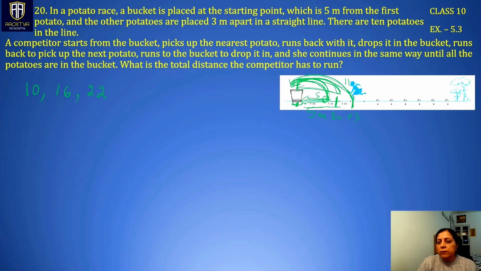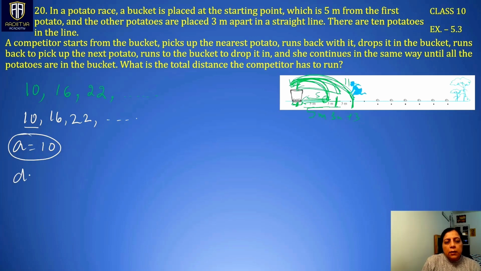One way she is going 11 to pick up that potato, then she is coming back 11 to put that potato in the bucket. So this way the sequence gets completed, right? So the sequence is formed. This is 10, 16, 22 and so on. Here a, the first term of the sequence, is 10. d here is 16 minus 10, which is 6.